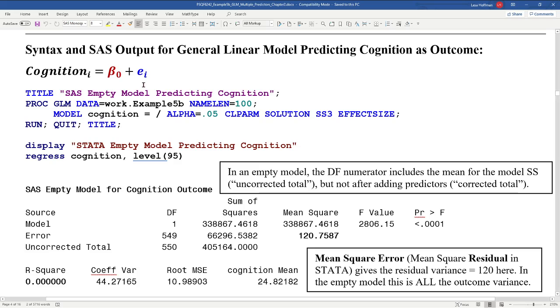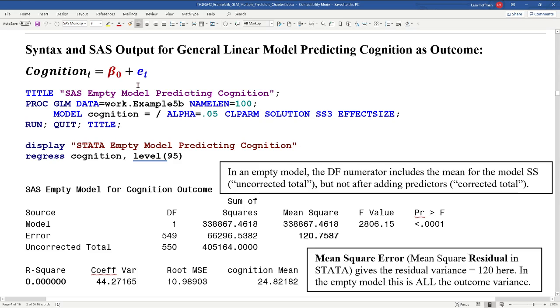e sub i is the residual for each person, how far off their actual cognition value is from the mean. So the variability across these e's, across people, that is the variance in cognition. So another way of thinking about the empty model is that it is the definition of how we compute variance.